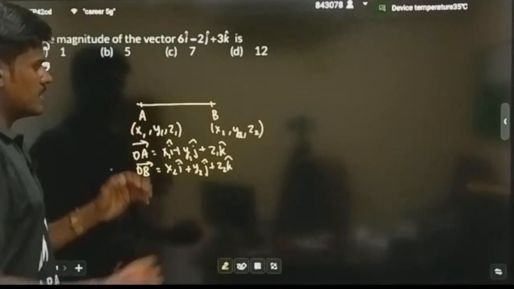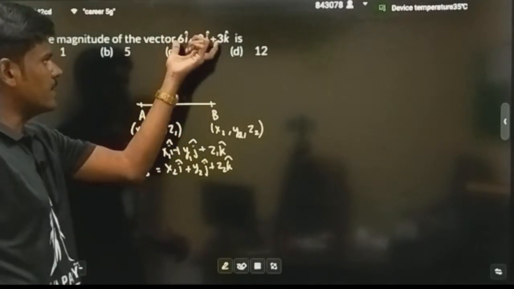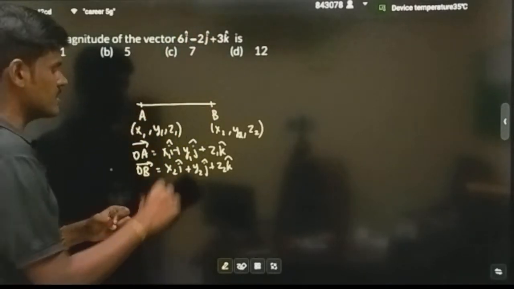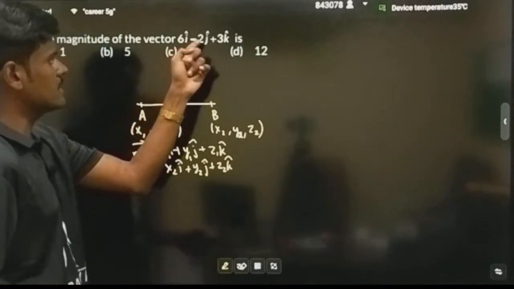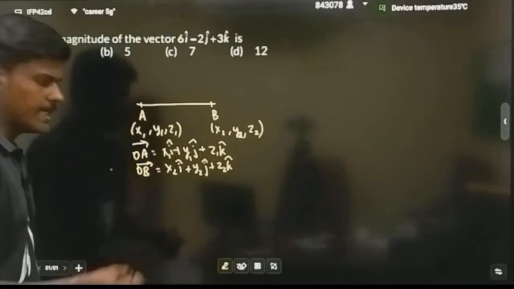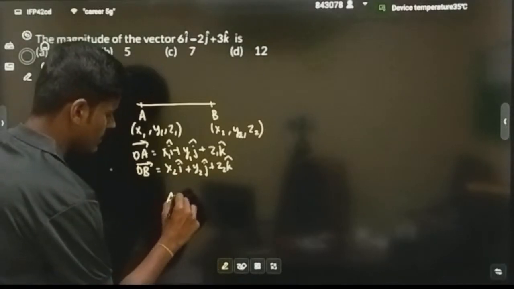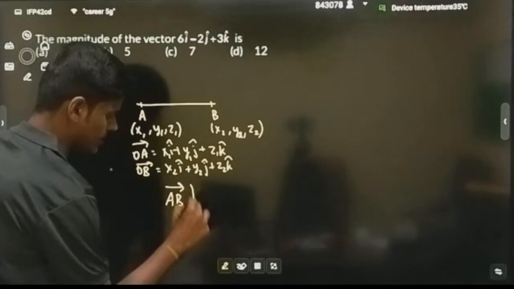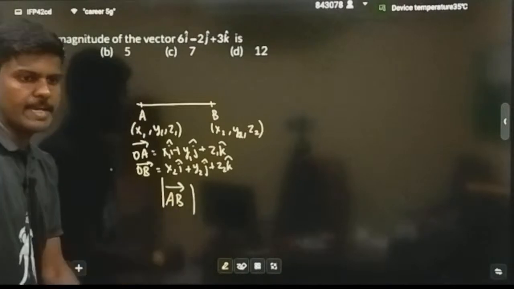Now what do we need to find? The magnitude of a vector. Say this distance AB is the magnitude. Let's take the AB vector as 6i plus minus 2j plus 3k. Now how to calculate the AB vector magnitude? Magnitude is written within two vertical lines.